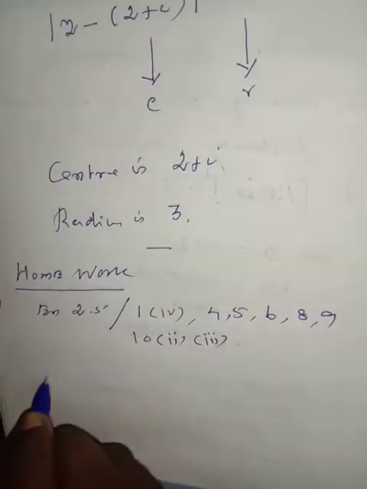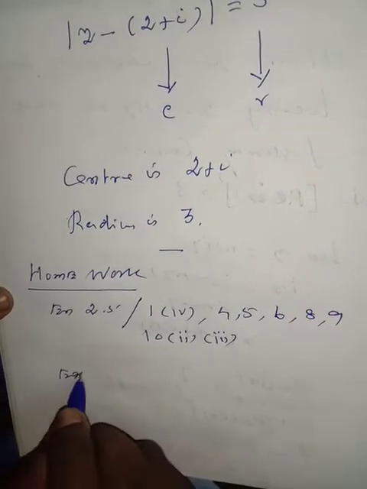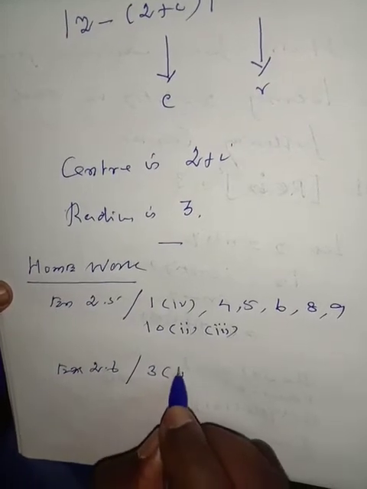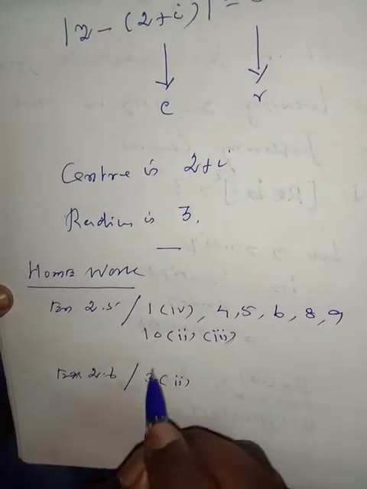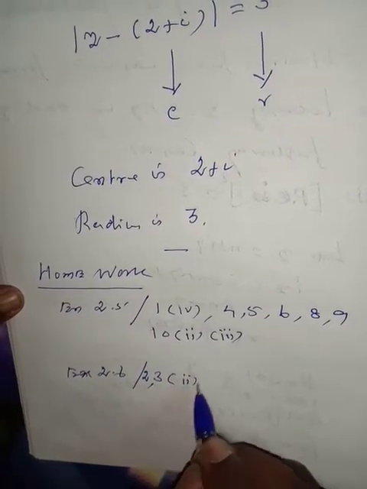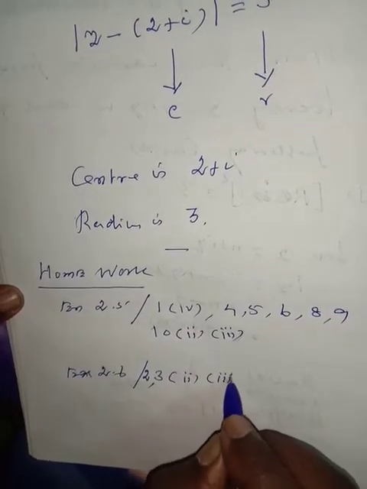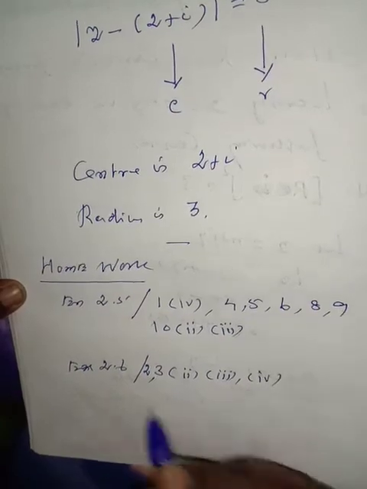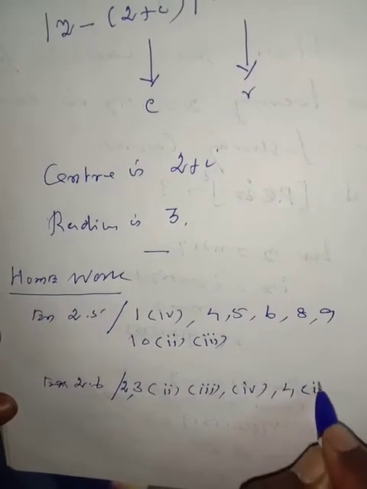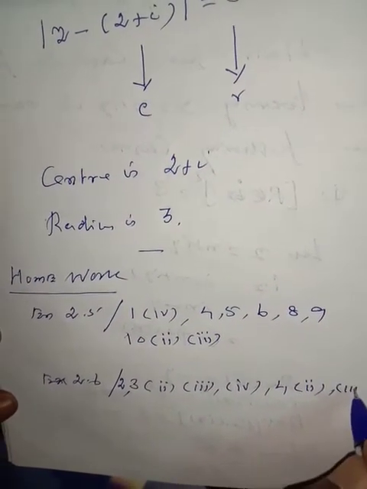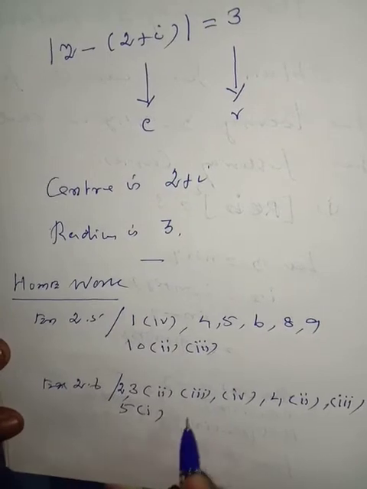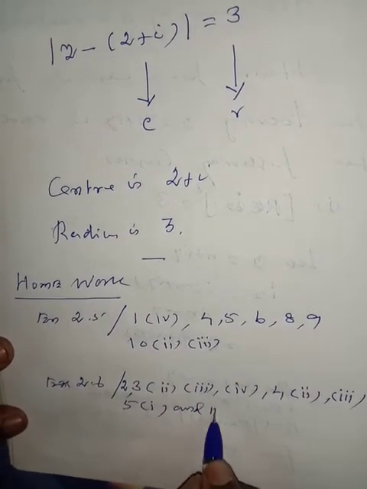Exercise 2.6: sum number 2, subdivision numbers 2, 3 and 4; sum number 4, subdivision numbers 2 and 3; sum number 5, subdivision numbers 1 and 2.